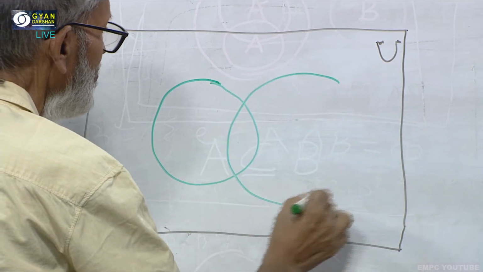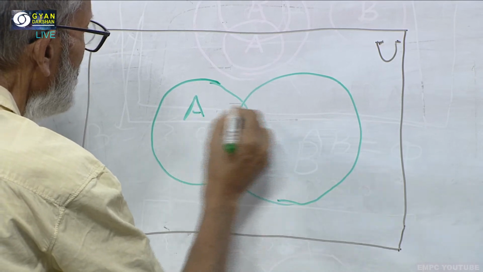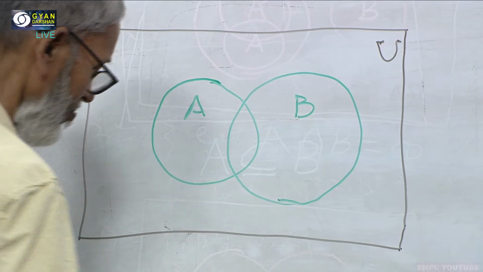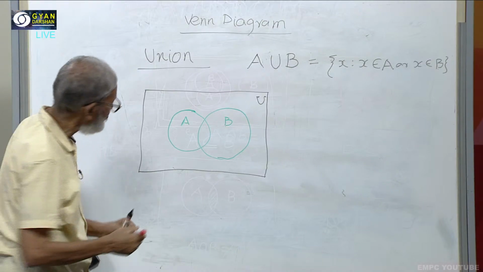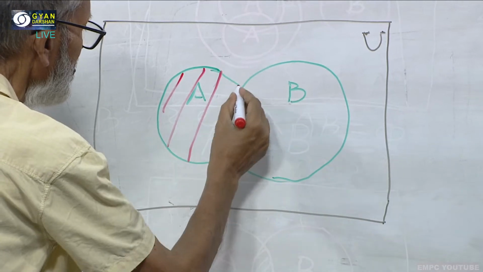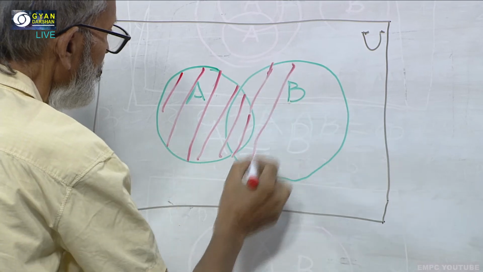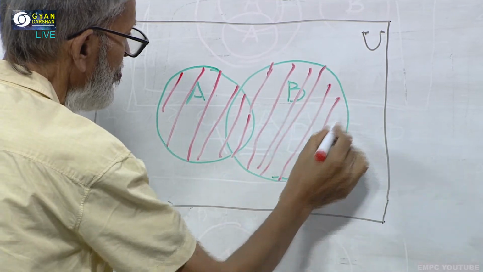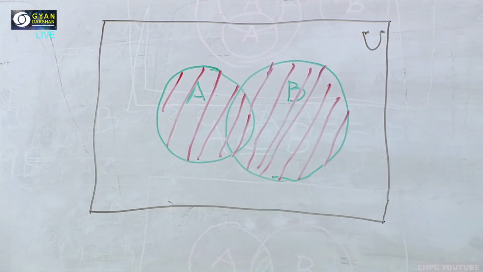This is A, this is B. So, A union B will be this complete shaded portion. This will represent A union B.